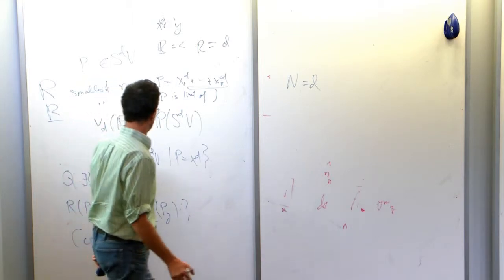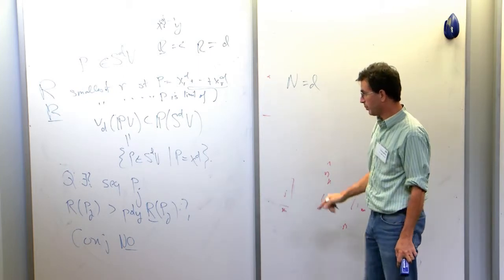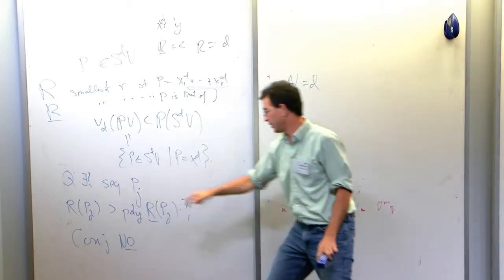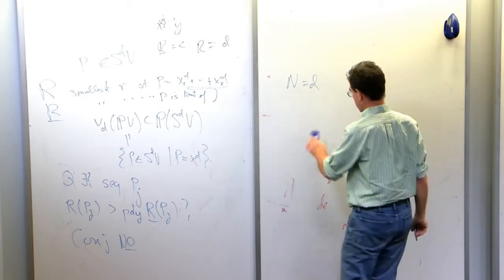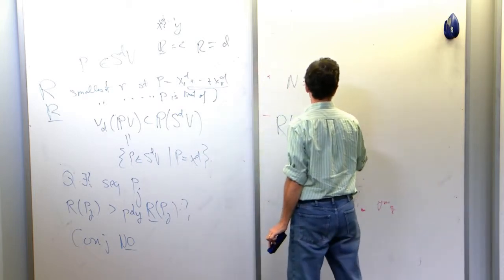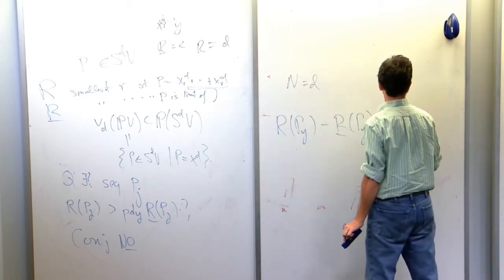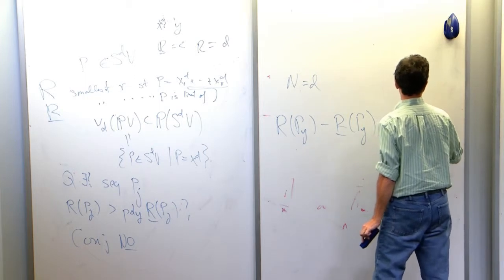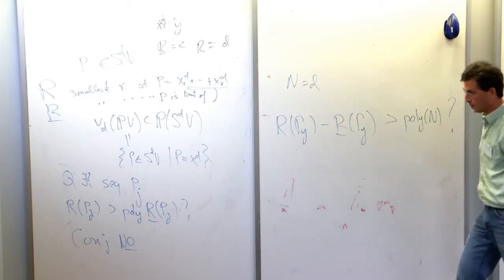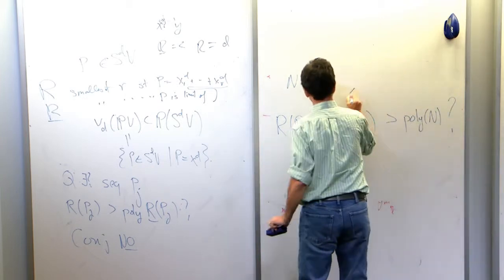And so what we want is a big gap between these two that grows faster than a polynomial. So the rank of Pj over the border rank of Pj greater than poly. The word difference doesn't sound right. The ratio, that's what I meant.